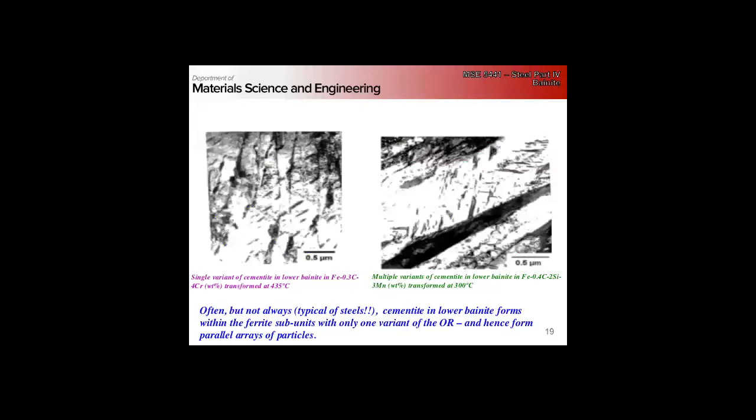So we get a single orientation of the cementite within the lower bainite lath. But typical of steels, sometimes we get multiple variants. So usually you'll see a bunch of parallel cementite plates. Other times you'll see plates that are at nearly orthogonal angles to each other.